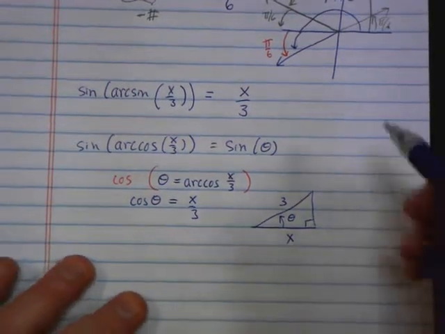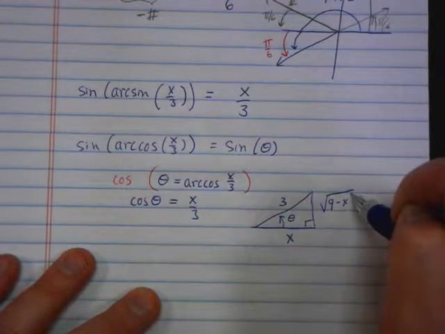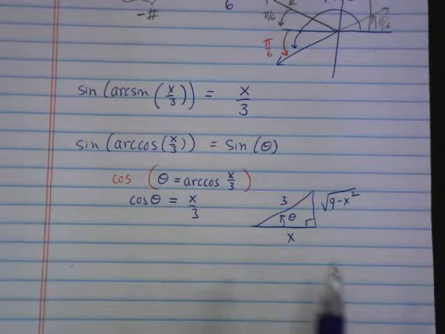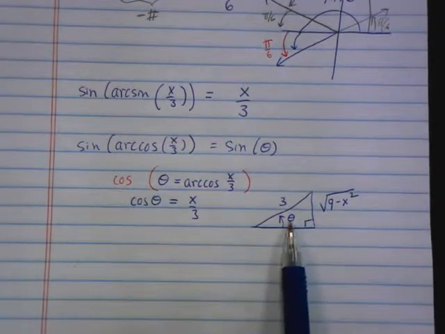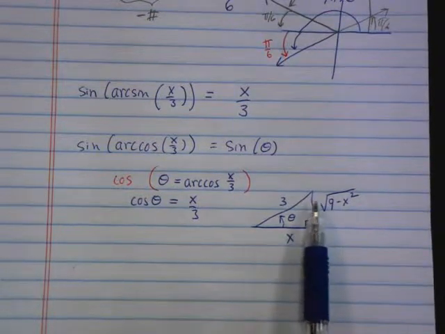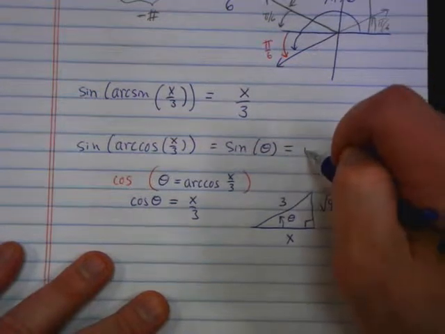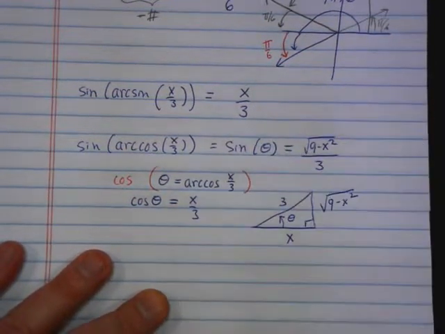Work that out. You'll get the square root of 9 minus x squared. So now using this triangle, I can come back up here. Sine of theta: how do I find sine? Opposite over hypotenuse. So the answer is the square root of 9 minus x squared over 3.